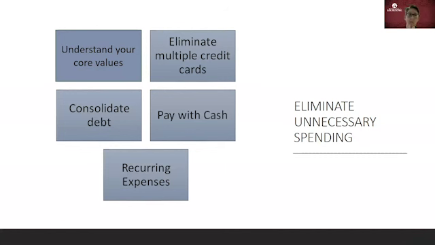Pay with cash. And if you have recurring expenses, like if you're not watching Hulu and you're paying for Hulu, if you're not watching Disney Plus but you're paying for Disney Plus, if you have some boxes that keep getting delivered to your house, but you're not using that Ipsy, you're not using that Bark Box, maybe decide to cancel those things. Just try to eliminate some of that unnecessary spending.